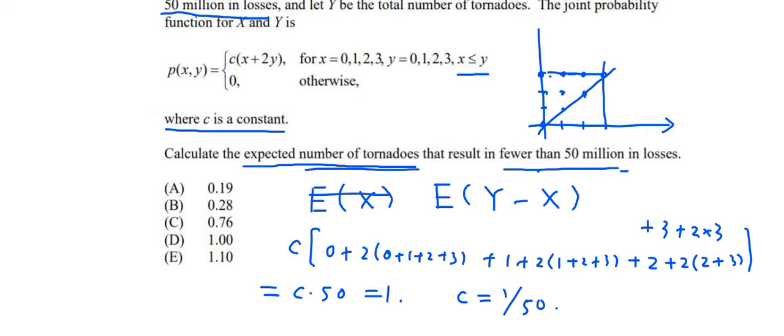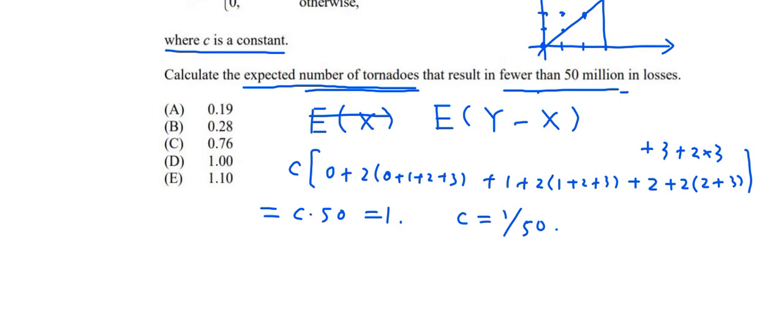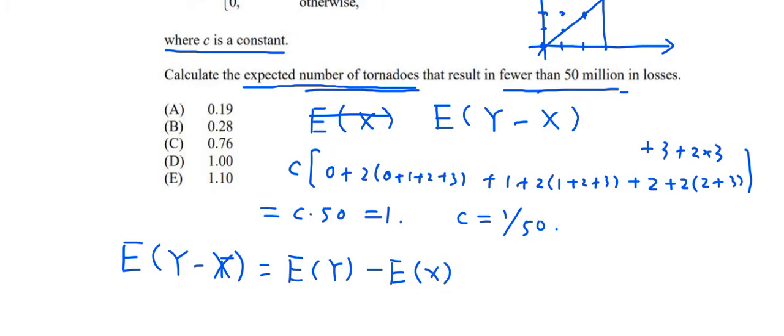Okay, so then we can find the expectation of Y minus X. Here we should be careful. We cannot just say the expectation is Y minus X. Y minus X equals Y minus X is correct, but how do we find this Y?